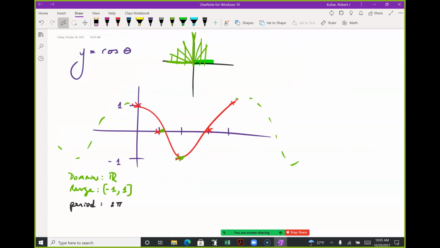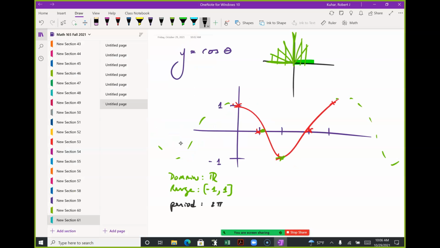I guess it's interesting to look at the zeros of sine and cosine. But we want to be able to, at any time, quickly draw out this mother cosine or sine curve.